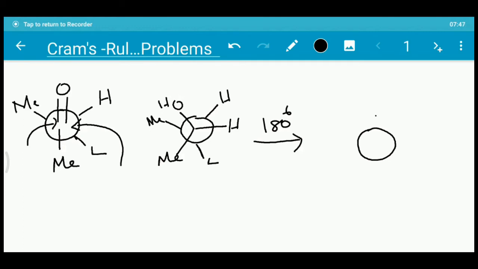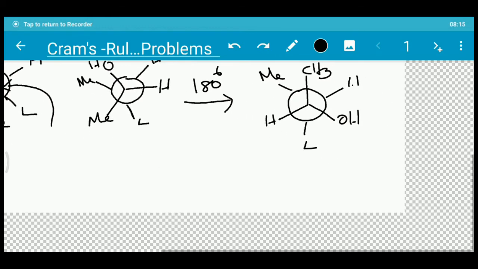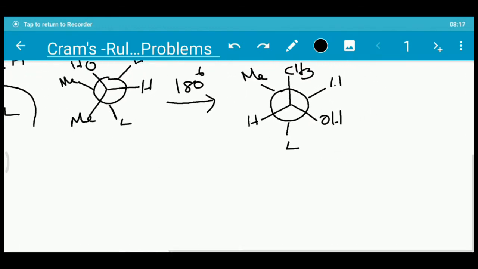We will convert this Newman projection into another form where we have our methyl group here and our OH group comes here and our hydrogen comes here. We have our methyl group here, we have our hydrogen here, and we have our large group here, right?